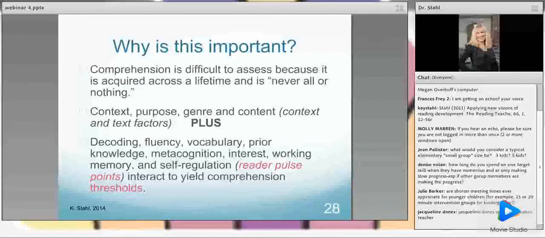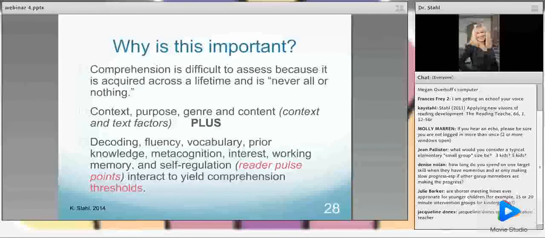They have a lot of prior knowledge about the topic, and they're interested in it, and they also are familiar with the vocabulary. It's very possible that that child who was identified as an instructional level M would be successful reading a level O book because the prior knowledge, the vocabulary, the interest, and the self-regulation all raise the comprehension threshold.